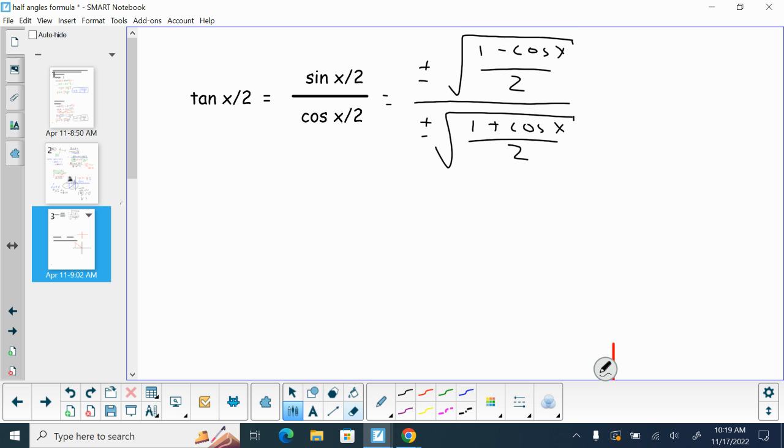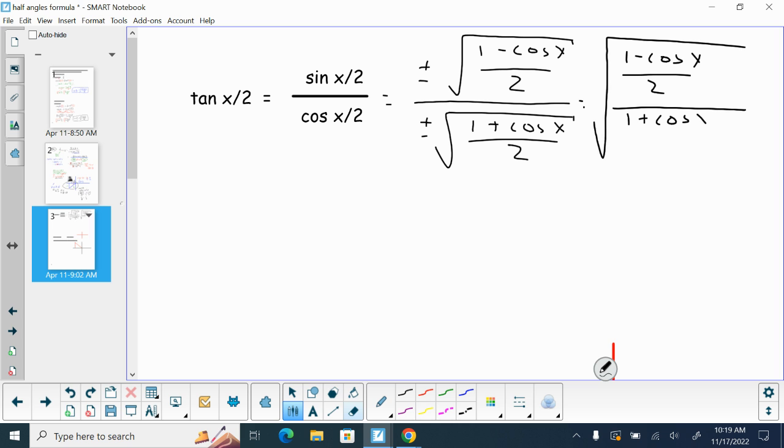Using our properties of radicals, if I have 2 separate radicals that are being divided, I can combine them underneath one radical, but that really doesn't look any prettier.